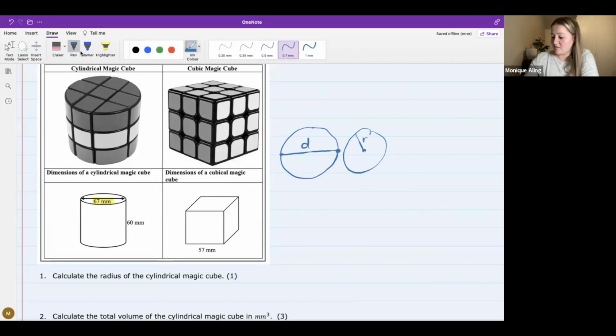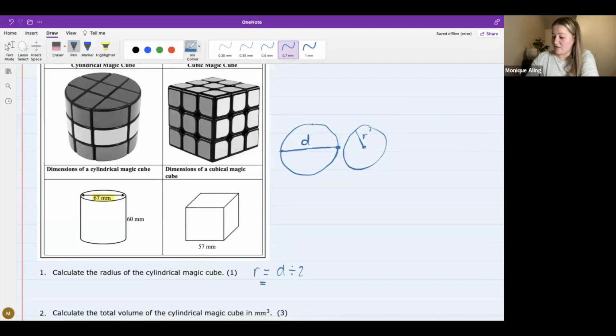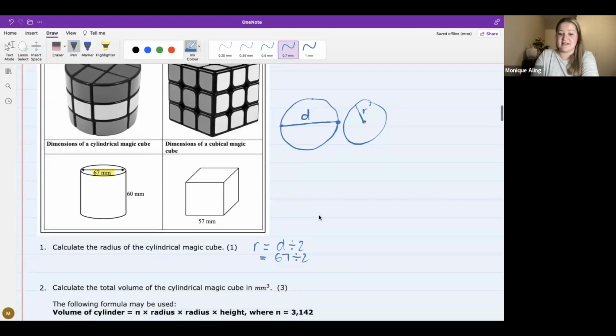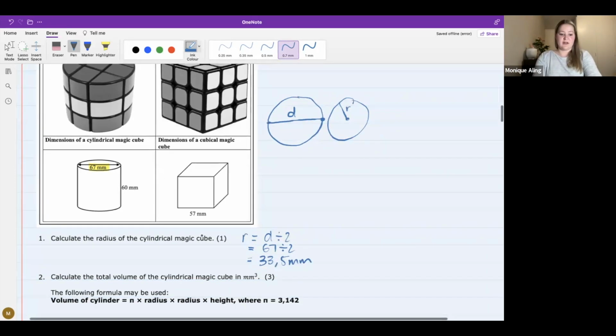So radius is equal to diameter divided by 2, which is 67 divided by 2. And let's see, we've got an answer in the chat. Perfect. Don't forget the units. 33,5 millimeters. Okay.